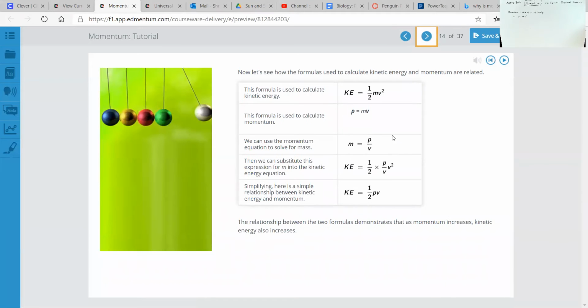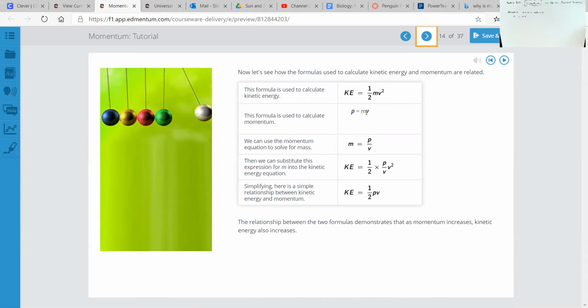Here we go. So here we see the relationship between kinetic energy and the mass and velocity of an object. That is equal to 1/2 times the mass of the object times the velocity squared.